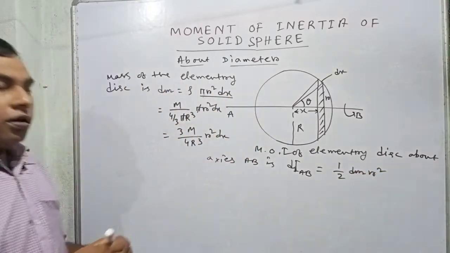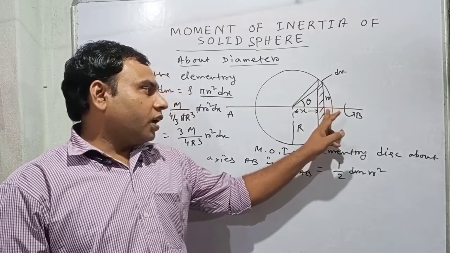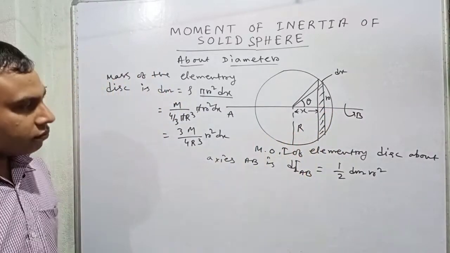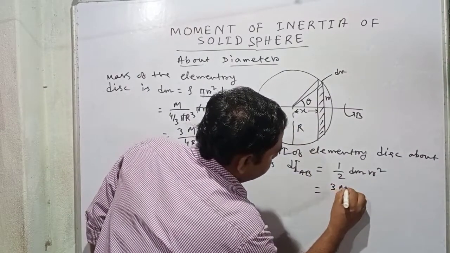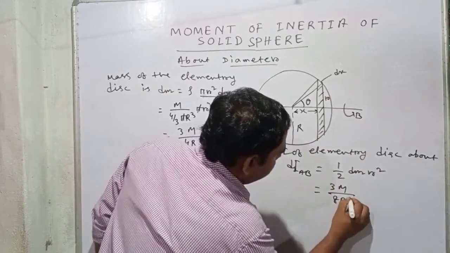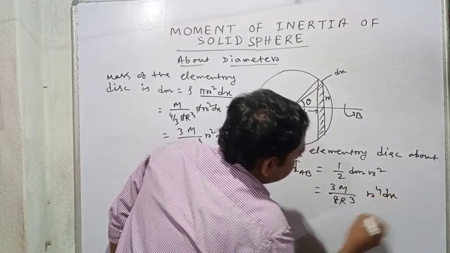This is the formula for an elementary disc about the axis passing through the center of mass and perpendicular to the plane of the disc. Putting the value of dm, 3m divided by 8 R cube times r square into r square, that is r to the power 4 into dx.